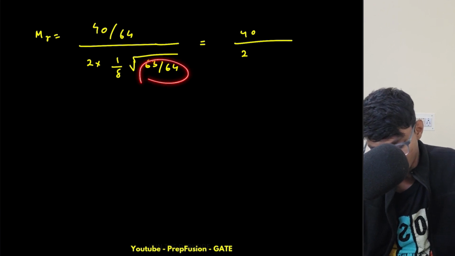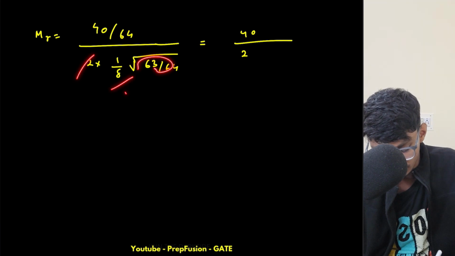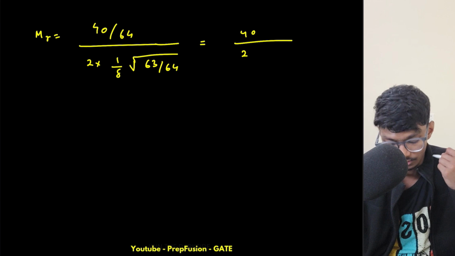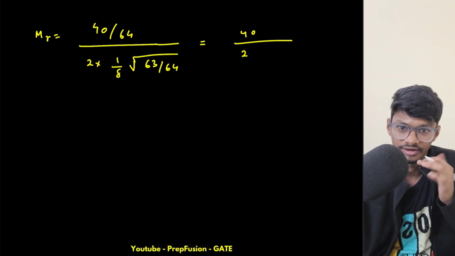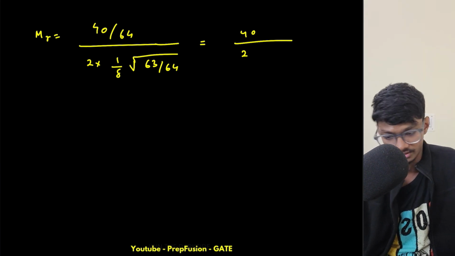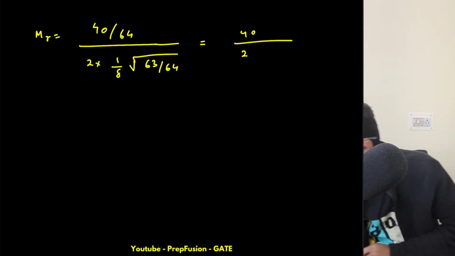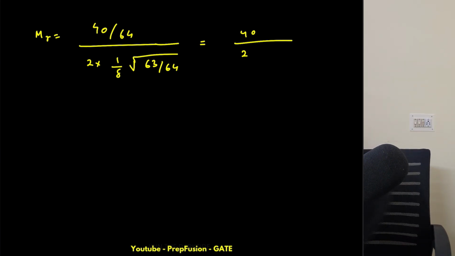This I can almost assume as 1. If I almost assume this as 1, so this will be 1 by 4, and then this 4 goes above. This is 160 by 64. So this is almost 2.5 something. Okay, so this is how you can approximate if you are in a crunch, but obviously I am not in a crunch, so I'm just finding the calculator. Where is my calculator? Just hold on a second.